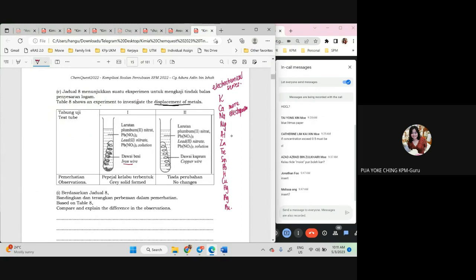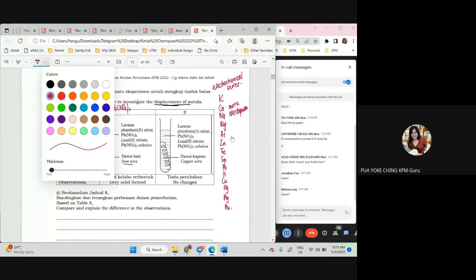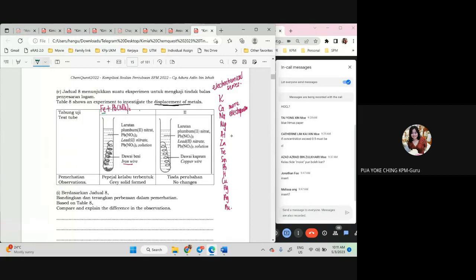So, ini iron. So, you ada Fe tambah Pb(NO3)2. So, you bandingkan apa? Fe dengan Pb. Fe sini, Pb sini. Okay, Fe atas. So, kamu akan dapat Pb tambah Fe(NO3)2. Ini ialah chemical equation.